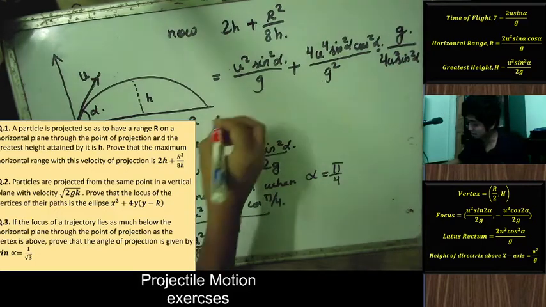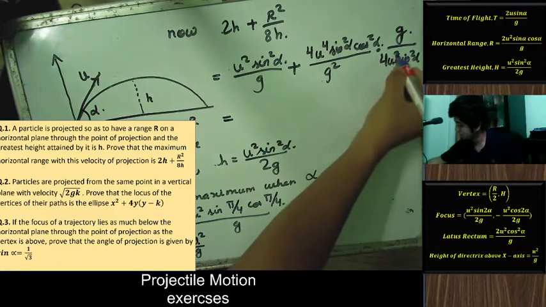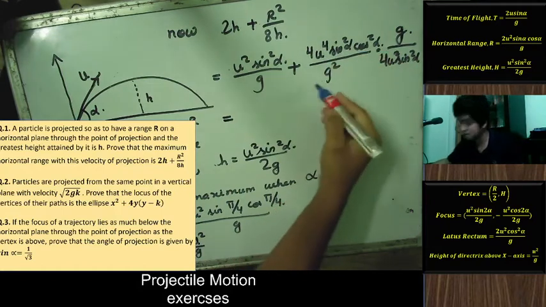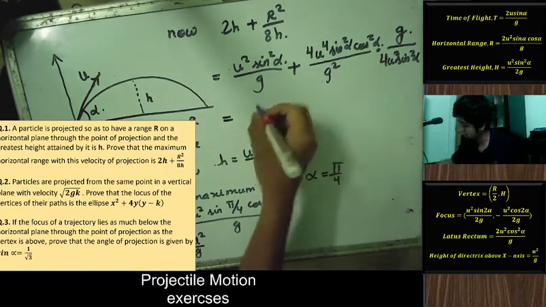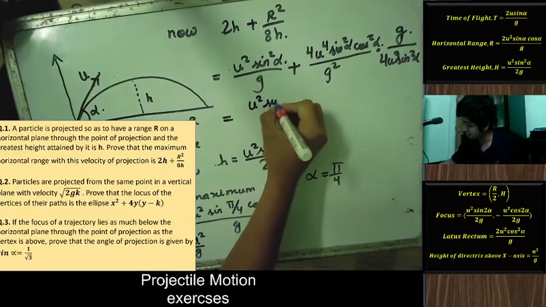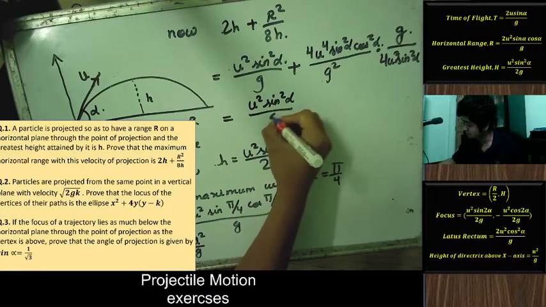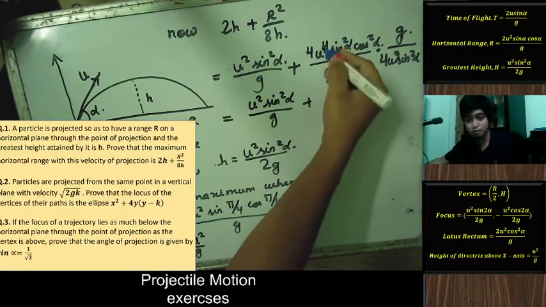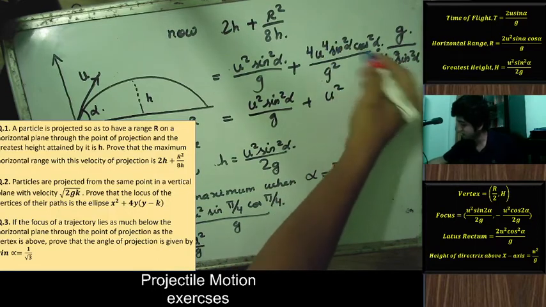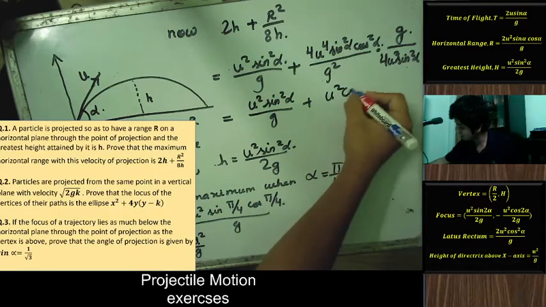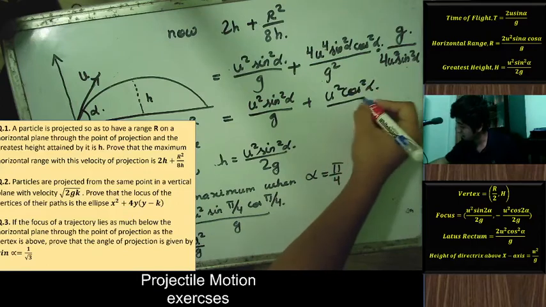Now let us simplify it. So u squared with u to the power 4 will get cancelled. 4 and 4 will get cancelled. So you will have u squared sine squared alpha upon g plus u squared cos squared alpha upon g, as sine squared cancels.